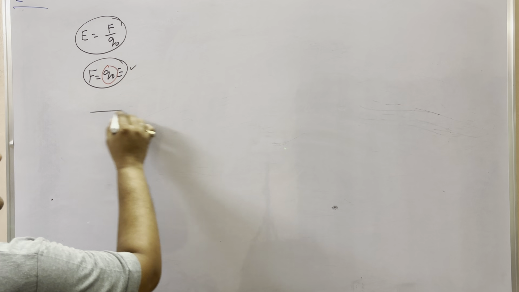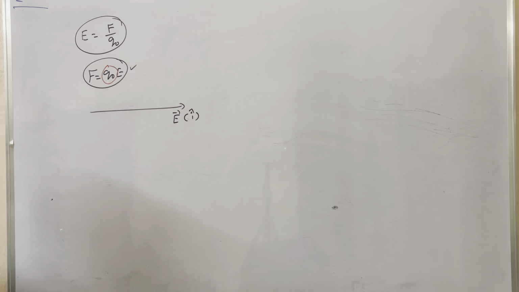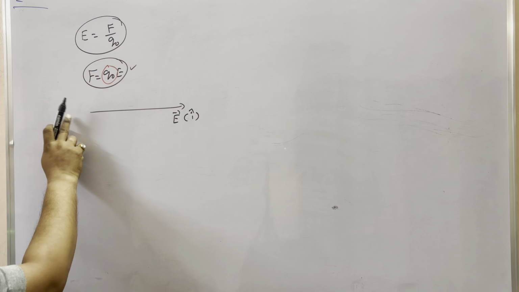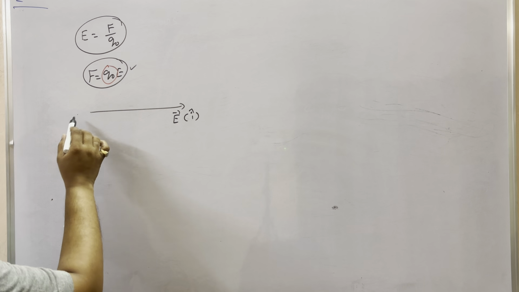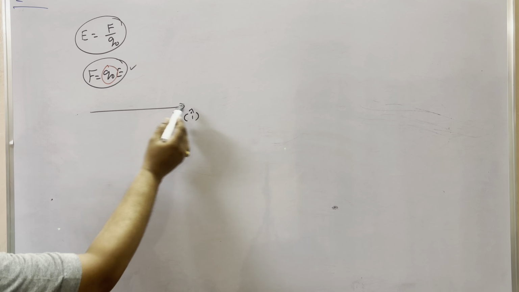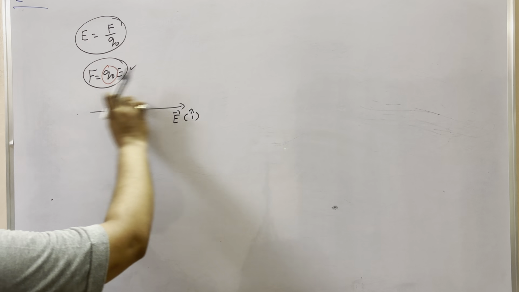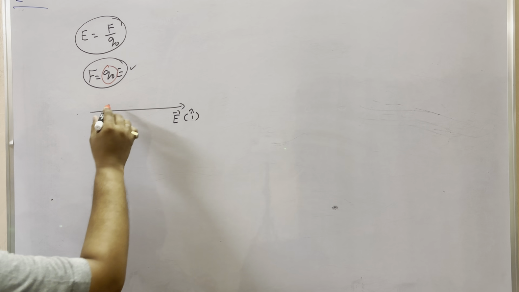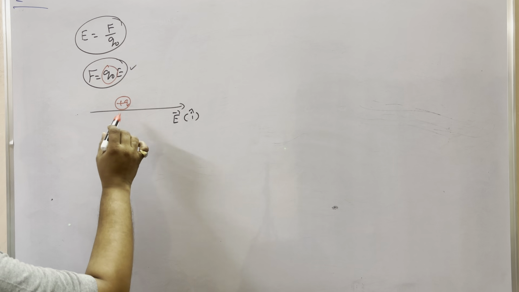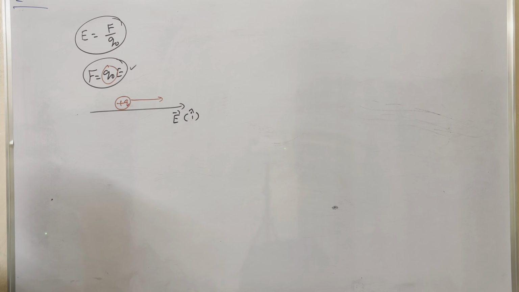Next, I am taking an electric field like this, E bar. Whenever they give the electric field direction like this, which charge is available here? I said the direction of electric field is always from positive to negative. Here you cannot see the positive charge or the negative, but the direction of electric field always starts at positive and ends at negative. If you place one positive charge here, it moves in the direction of electric field.